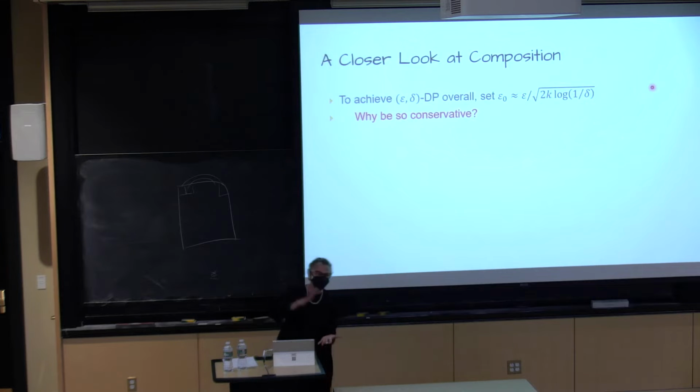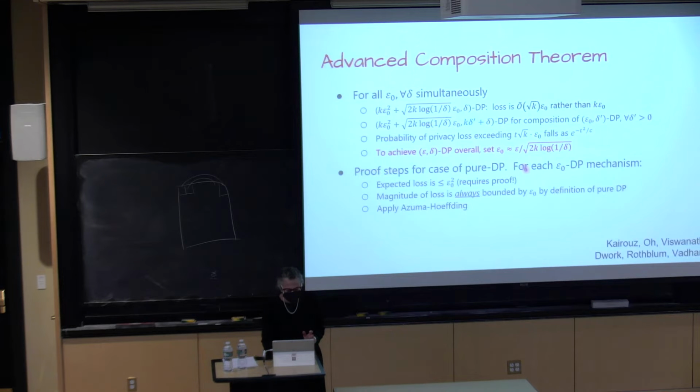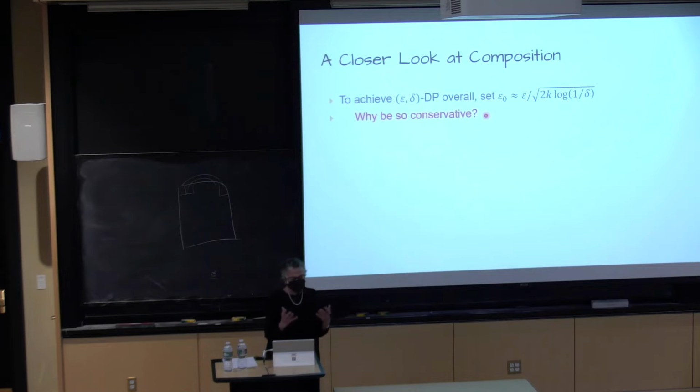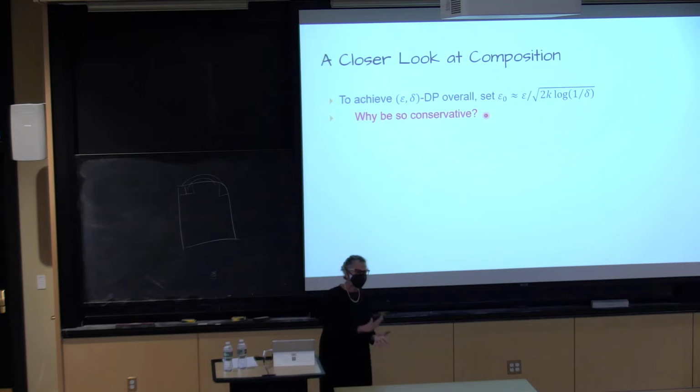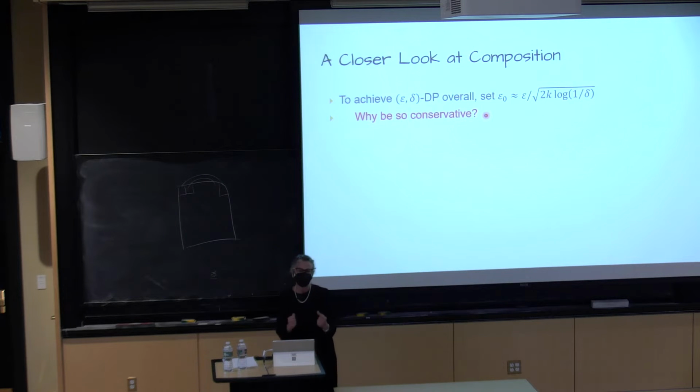We're forcing the epsilon naught to be very small so that we can apply the composition and have a union bound and know that our chance of blowing things is bounded by delta.